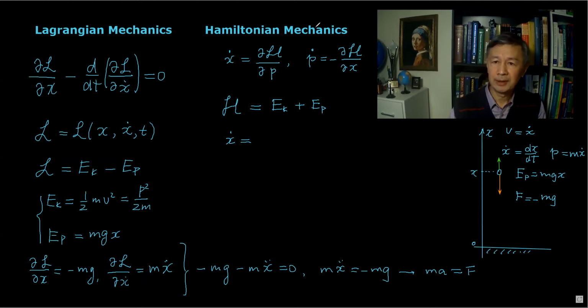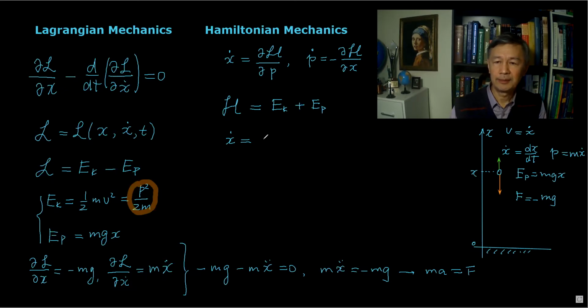In this case, we are obliged to use the kinetic energy in the second form. If you take the first derivative with respect to p, what do you obtain?